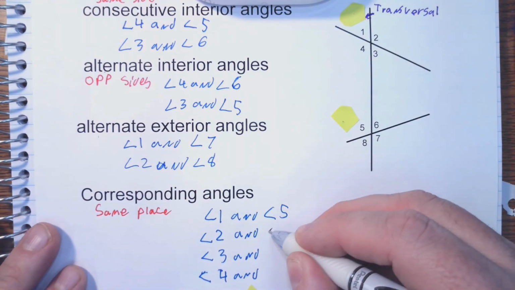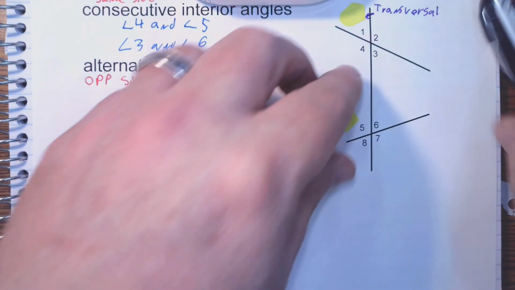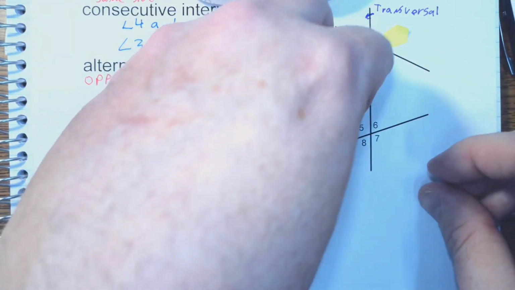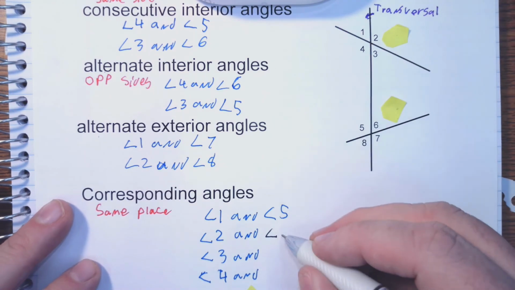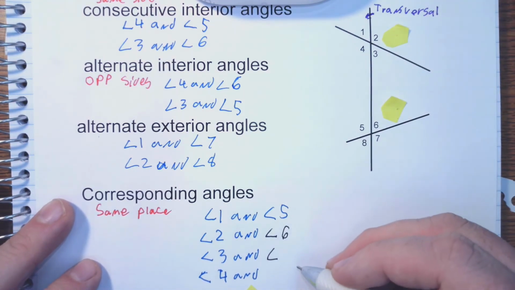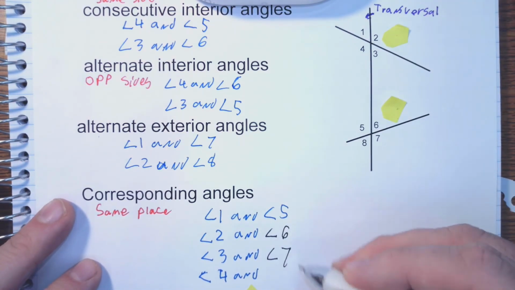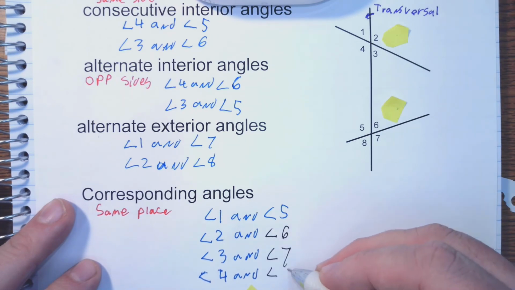Angle 2 is probably going to go with angle 6. So up and right. So it's angle 6. Angle 3 is going to probably go with, and angle 4 is going to go with.